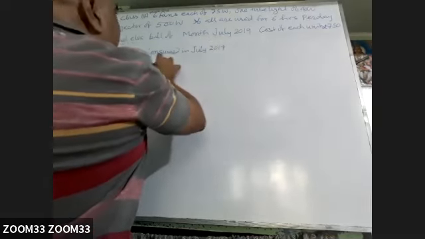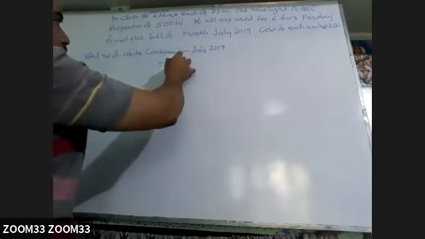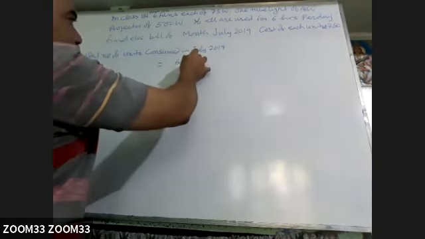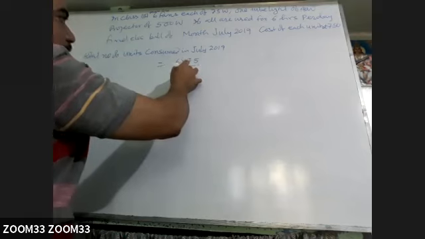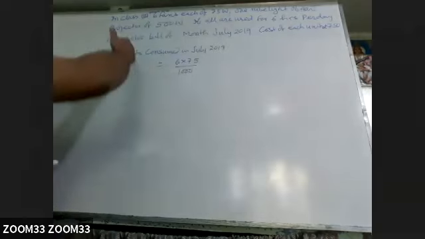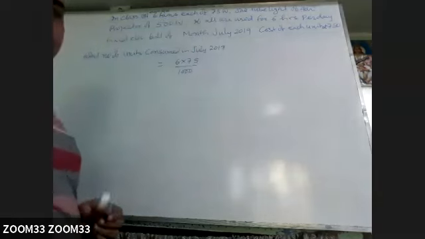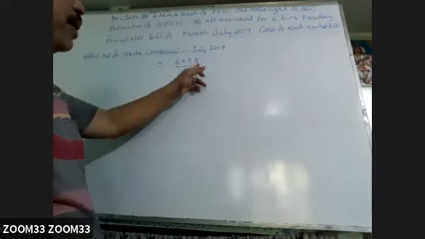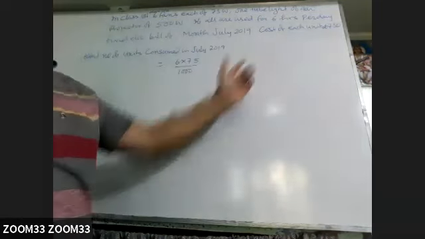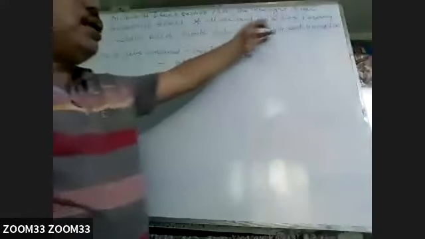So 6 fans are there, so 6 into 75, that is total power, by 1000. This much kilowatt. Now all are running at the same time. If they are different, then only we will find separately. We can multiply together as all are running for the same time.